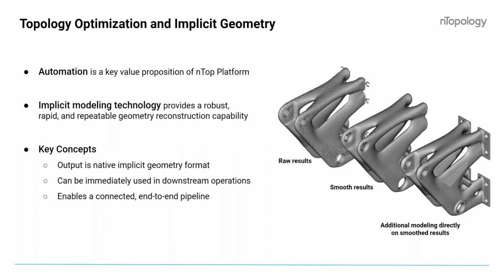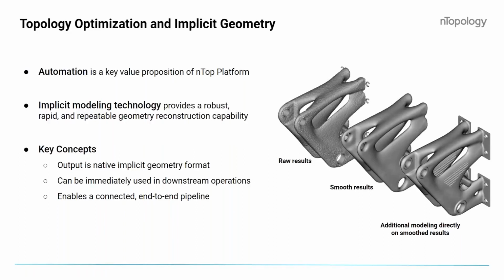What we can do with that is take the topology optimization results, or the thresholded elements, and with only a few inputs, very quickly, robustly, and in a very repeatable fashion get to a smooth implicit representation. In the picture on the right, you can see the raw topology optimization results at a selected element threshold.